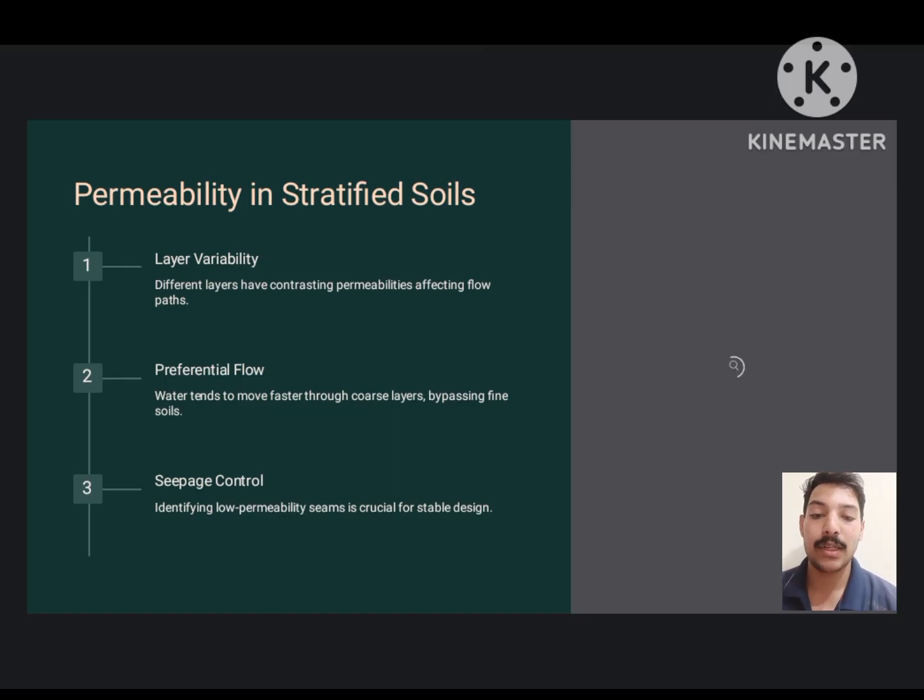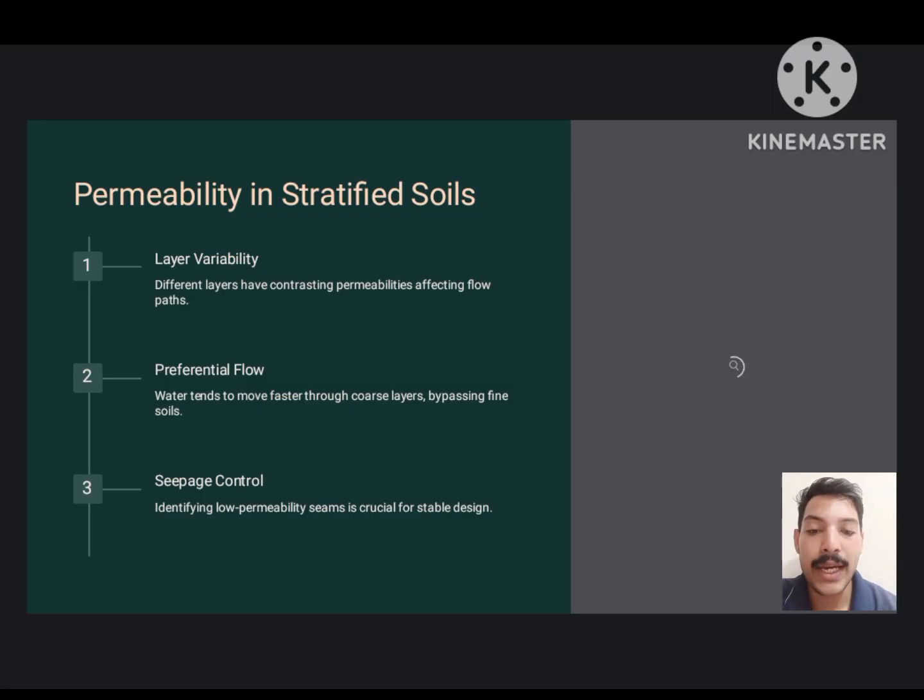Permeability in stratified soil: layer variability, where different layers have contrasting permeability affecting the flow path. Preferential flow: water tends to move faster through coarse layers, bypassing fine soils.